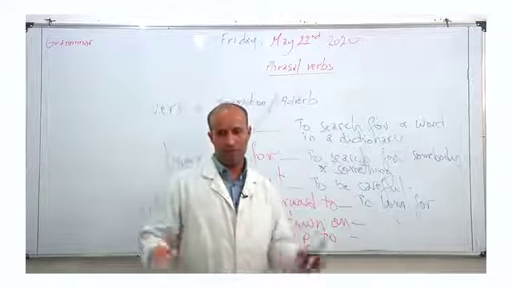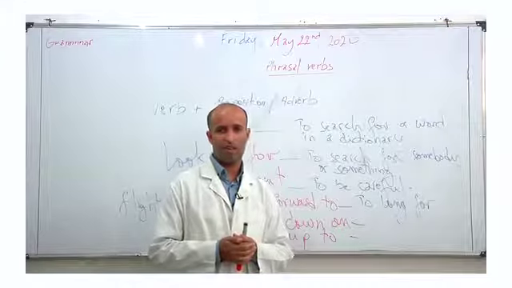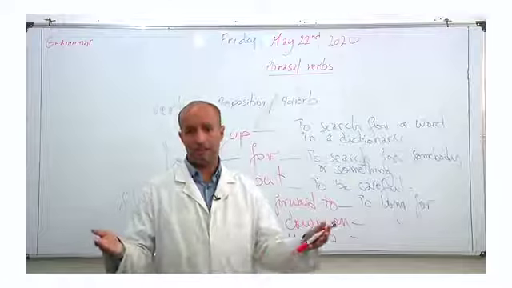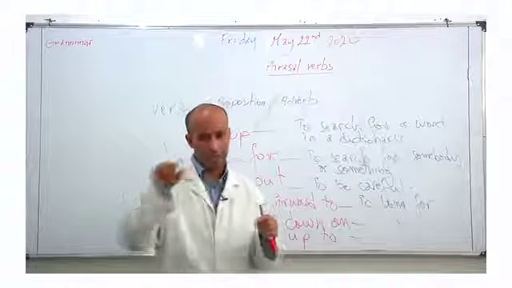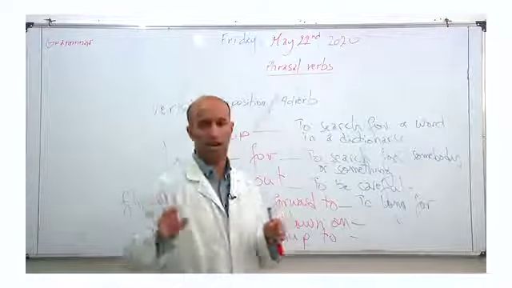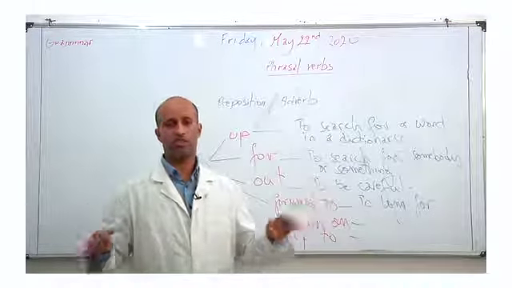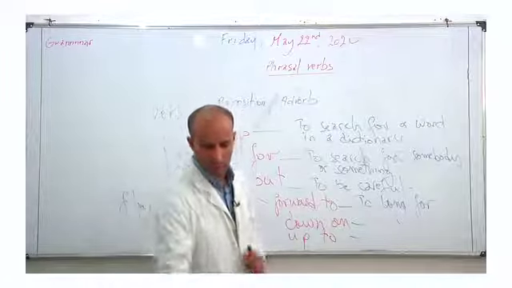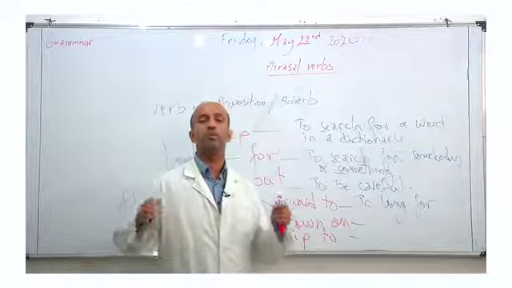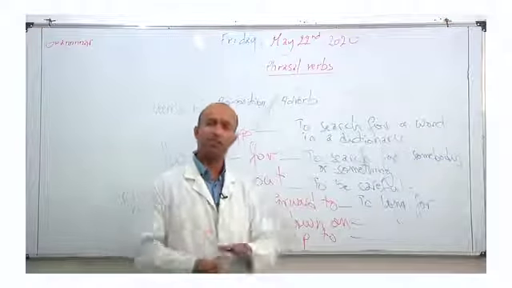I'm sure you're familiar with this expression when you're playing video games and then the game ends. They send you a message saying game is over, which means the game is finished. So the phrasal verb there is to be over. When we say it's over, it means it's finished.